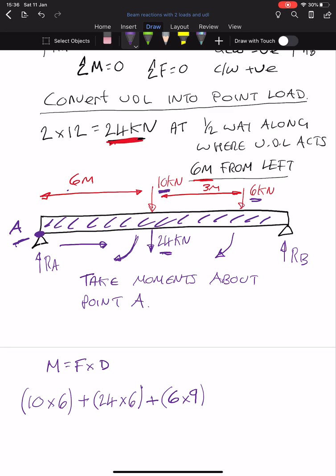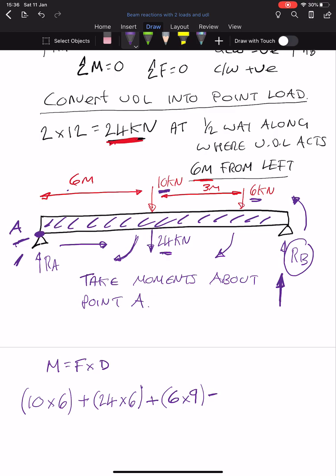I know them ones. I've also got this reaction here. This is also a force. We don't know what it is. We're trying to work it out. So this force here is trying to push it that way, which is anti-clockwise, about this point here. So it's going to be a negative number.